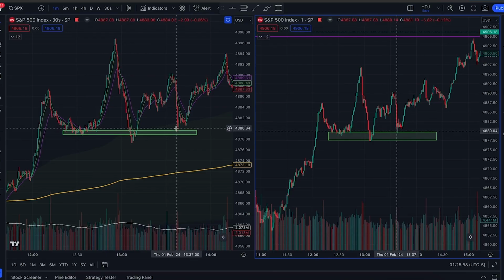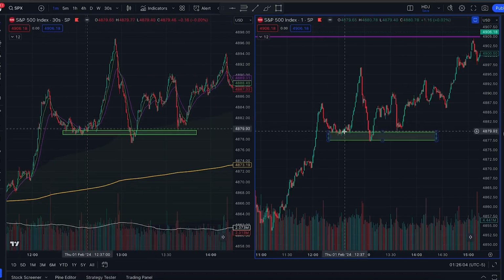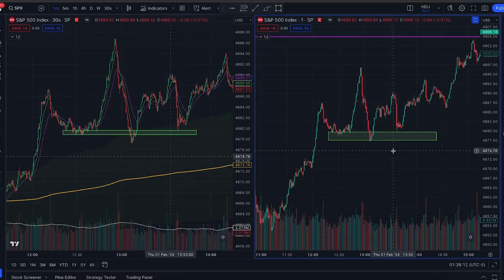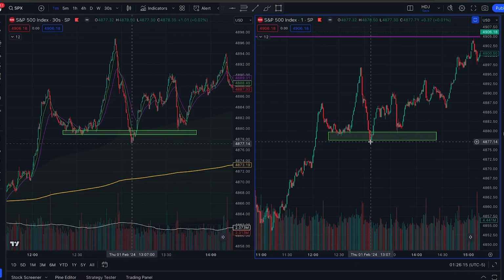So this third touch into this area on the 30-second chart and on the 1 minute chart, you can say there's a good chance that price action is going to head back to the upside. Now, if we break below this low, same thing.